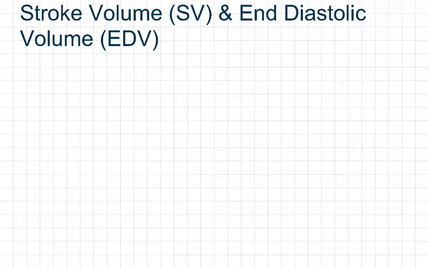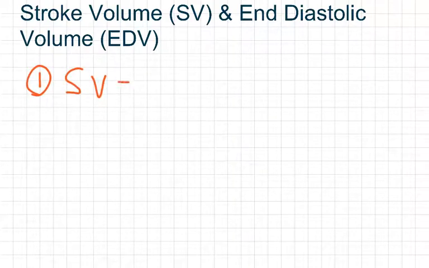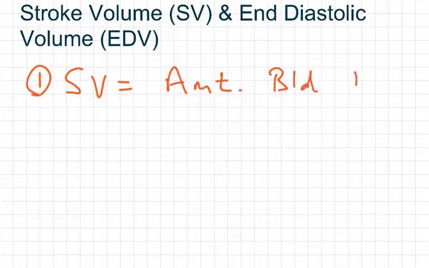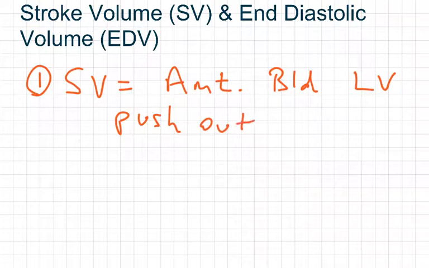There's a couple of key elements that we need to discuss when we're looking at the characteristics of the heart and how it affects getting oxygenated blood to the body during exercise to create ATP. The first is what we call stroke volume, or SV for short. Stroke volume is the amount of blood that the left ventricle can push out into the system during one heartbeat.